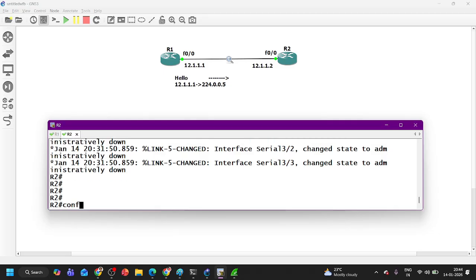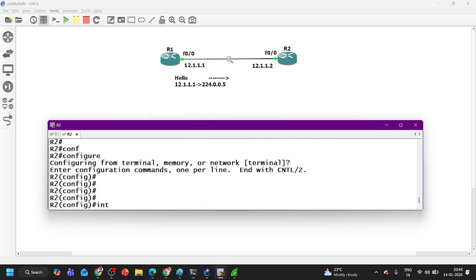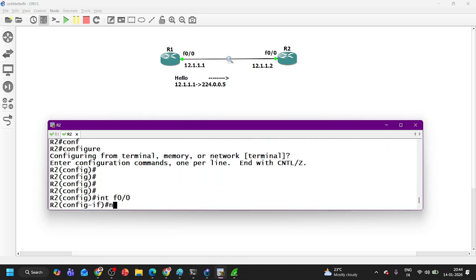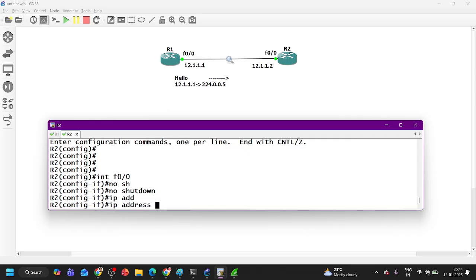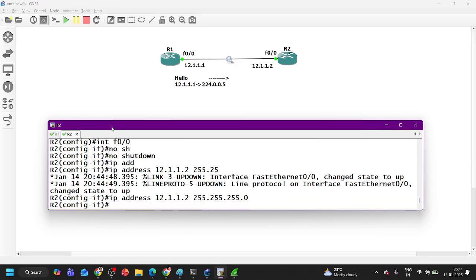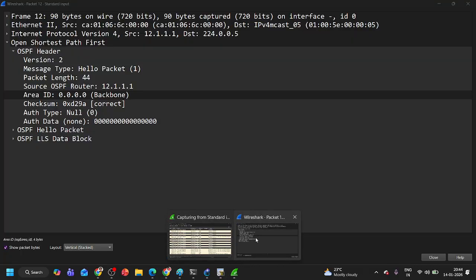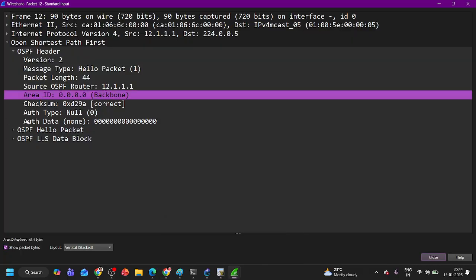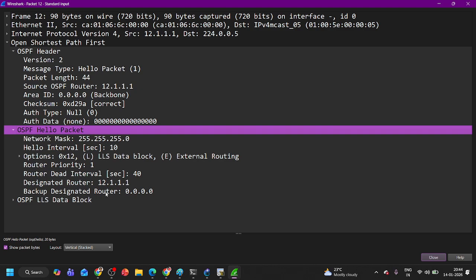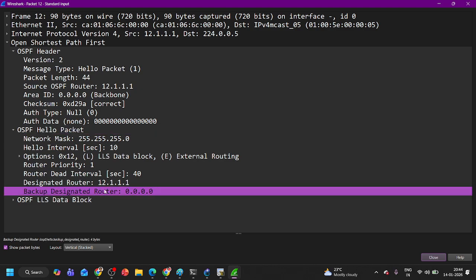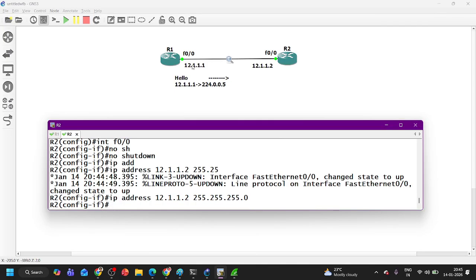If I configure R2 also, interface F0/0, no shutdown, and IP address 12.1.1.2 with 255.255.255.0. One more thing you can see in the OSPF hello packet is the DR router ID and backup designated router ID, 0.0.0.0. It means there is no BDR till now.